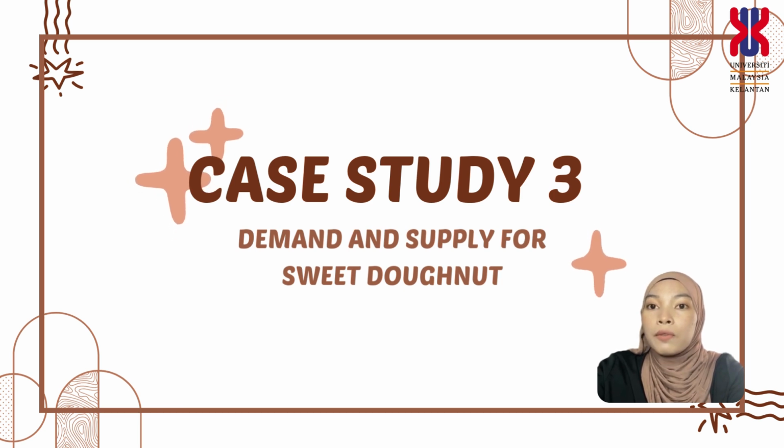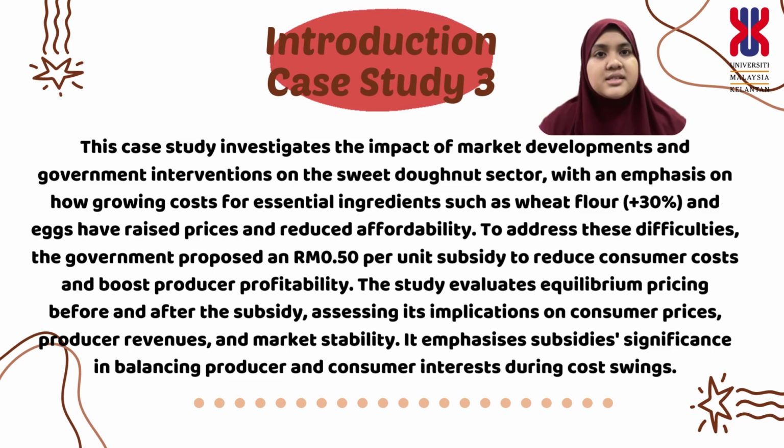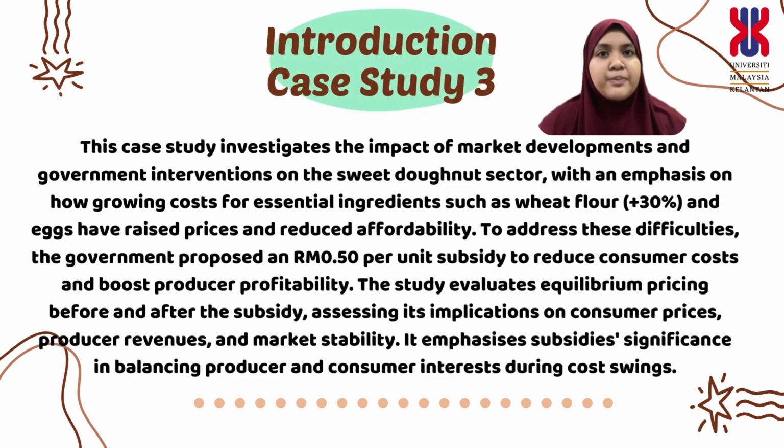We will start with case study 3. This case study investigates the impact of market development and government intervention on the sweet donut sector, with an emphasis on how growing costs for essential ingredients such as wheat flour 30% and egg have raised prices and reduced affordability.